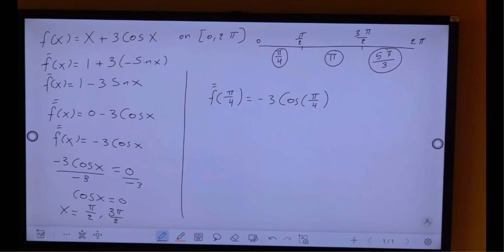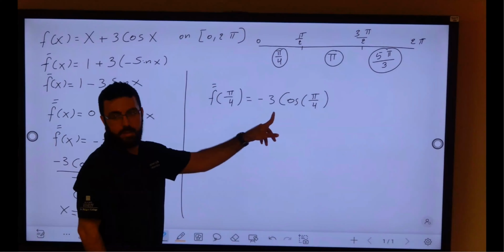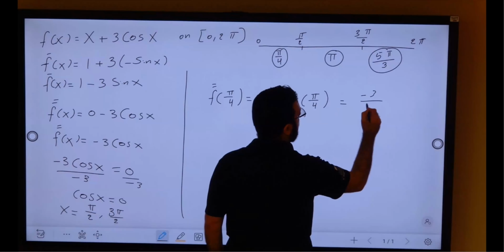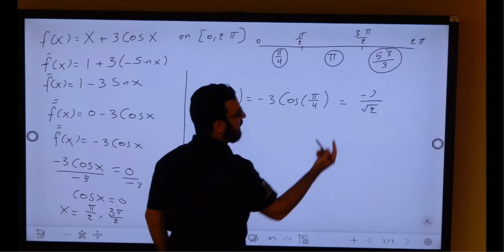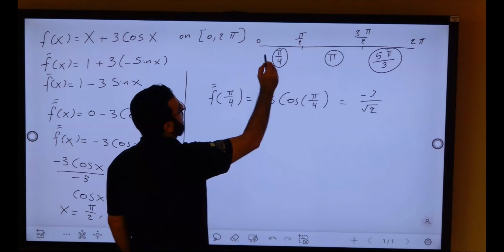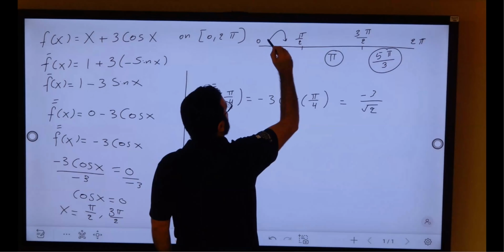Negative or positive? Positive, because the angle is in the first quadrant. And we have -3, so it's going to be -3 over square root of 2, which is a negative number. What does that mean? This one is concave downward.